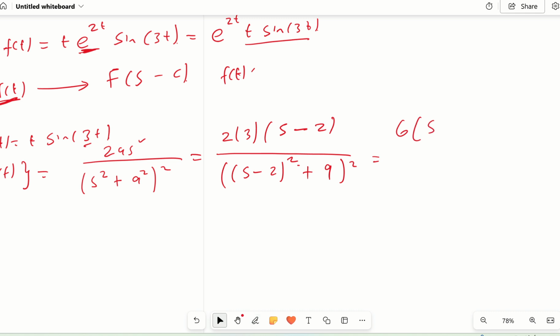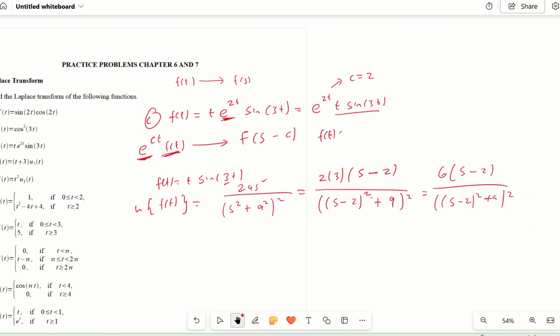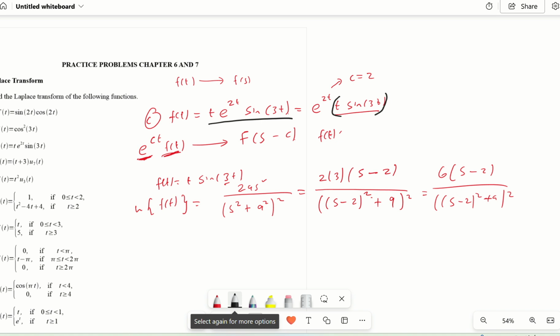This is 6 s minus 2 and what's on the bottom. I hope this is clear so far. Let me try to repeat it again. We had, let's see if we can change colors, we had this equation, right? And then this became our f of t, right?